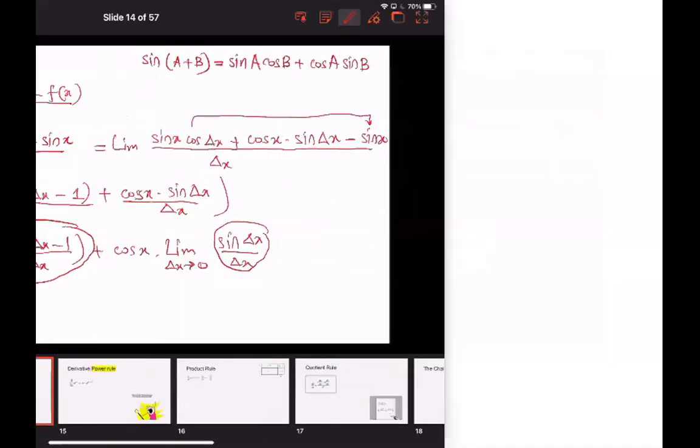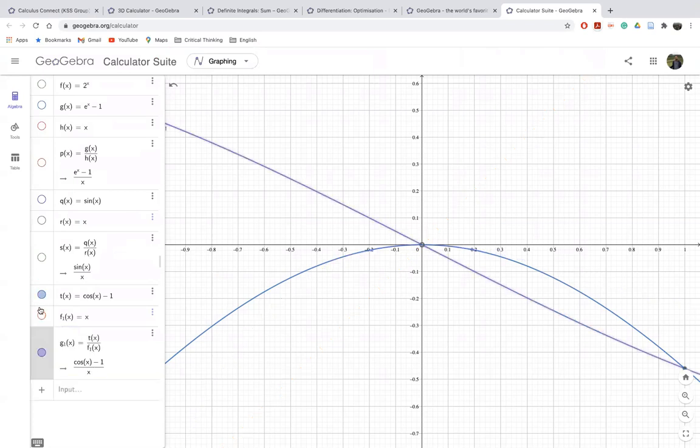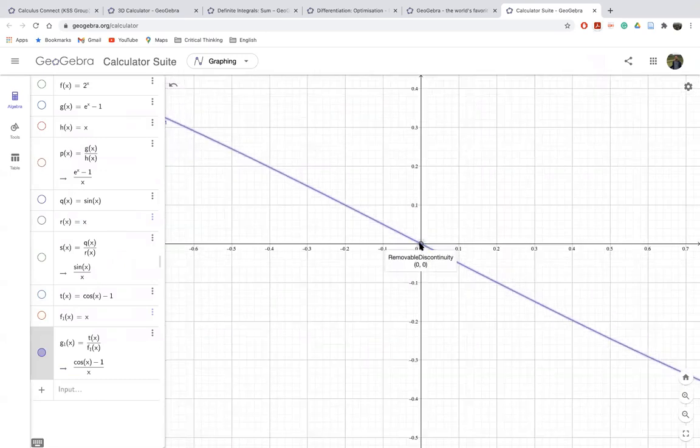We can also see it if I plot these two graphs and simply divide them. So you see, it is 0. Even though there is a discontinuity at the particular 0 point, it goes to 0.